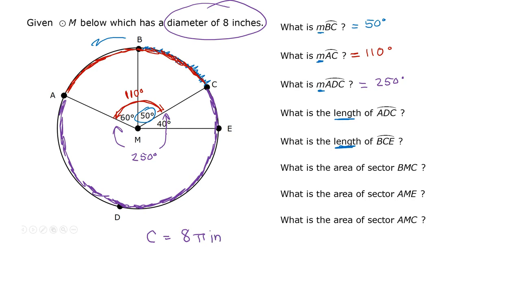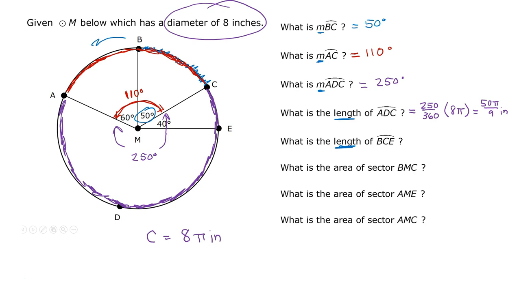The arc lengths are proportions of this. So since that arc represents 250 out of 360 of the entire circle, that's the proportion of the circumference this is going to be worth. And if I work that out, I would get 50 pi over 9 inches. And we often try to keep them in terms of pi if we can.